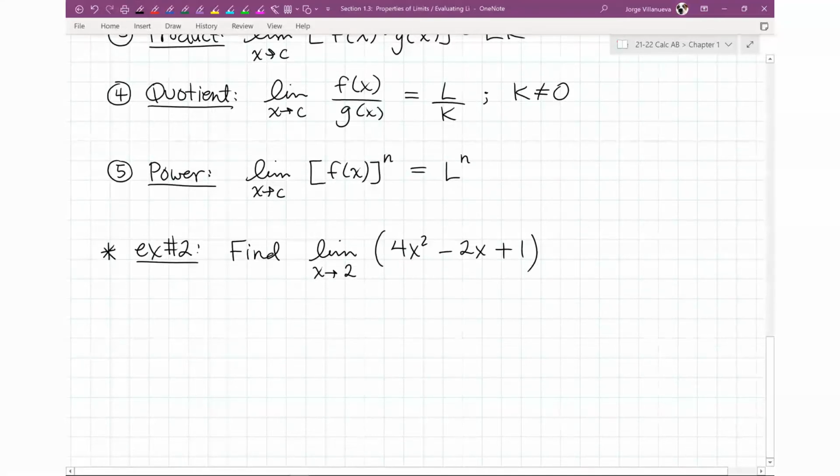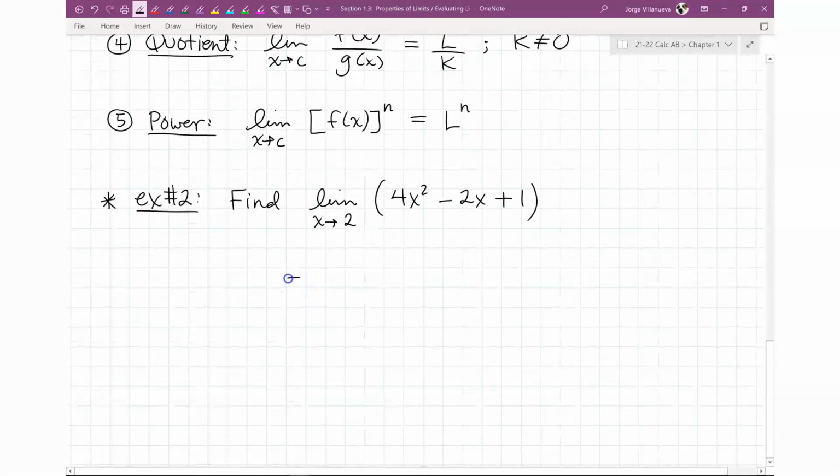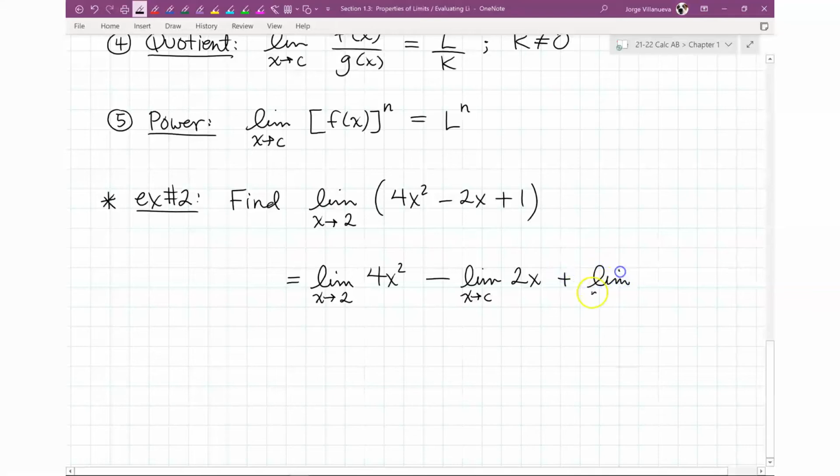But there's shortcuts to it, which you eventually get used to doing. But this is what I would do if I was going to follow all the rules. I would first do this. The limit as x goes to 2 of 4x squared minus the limit as x goes to 2 of 2x plus the limit as x goes to 2 of 1.